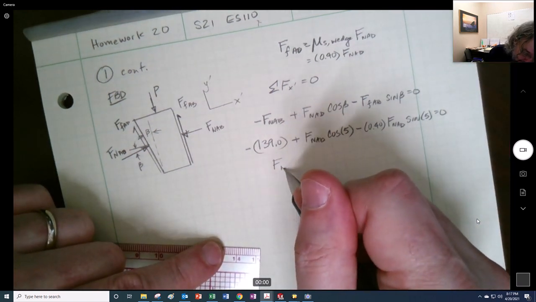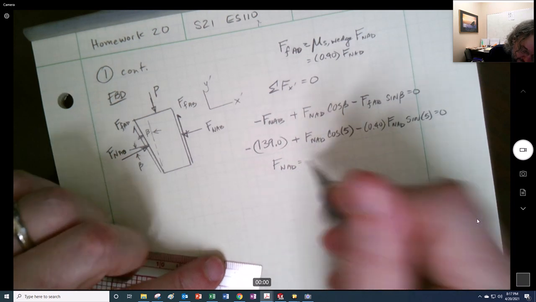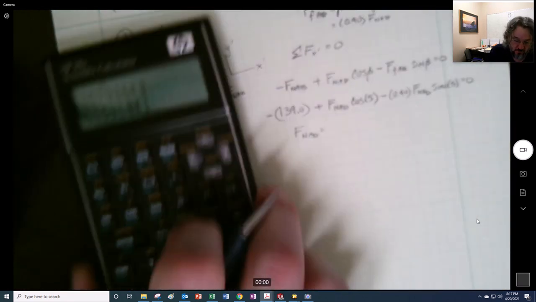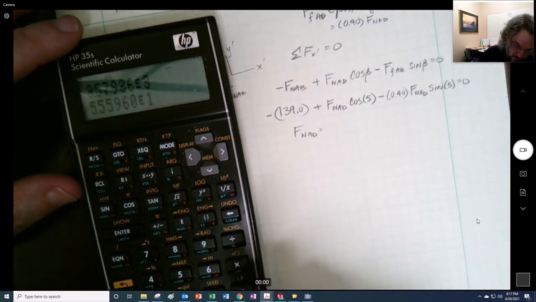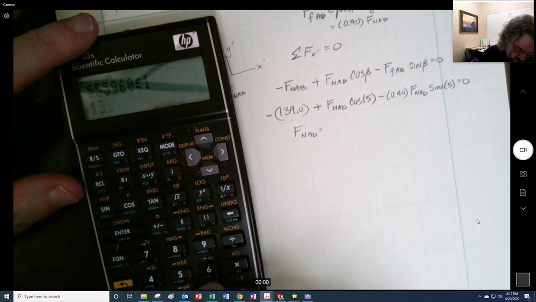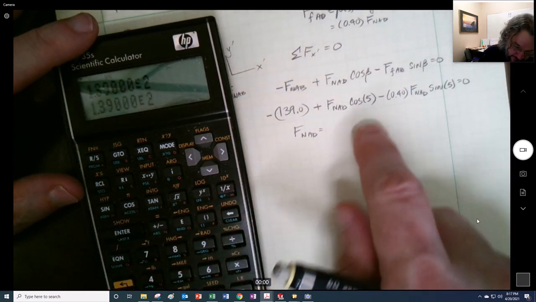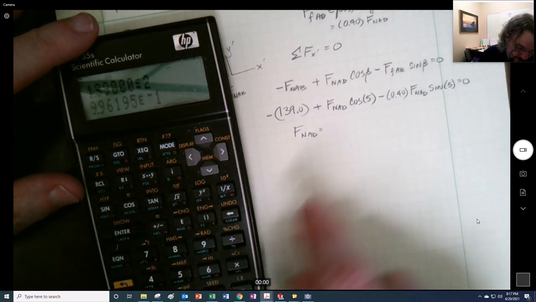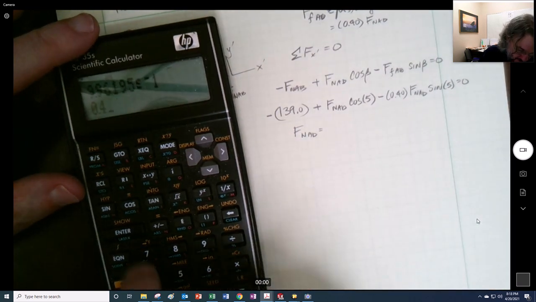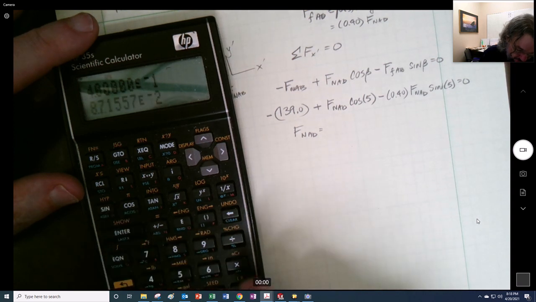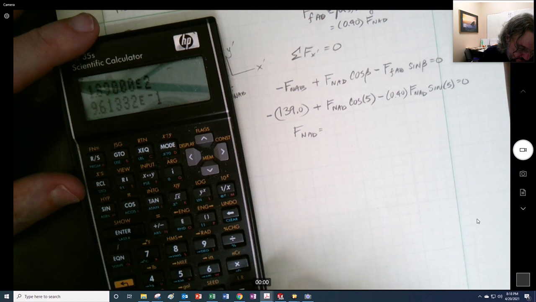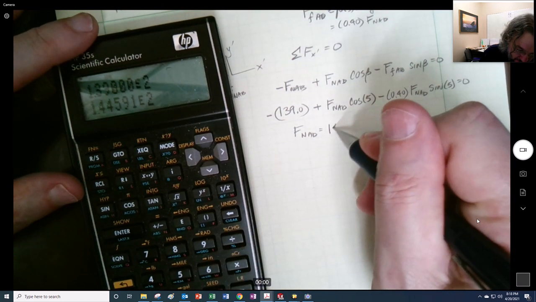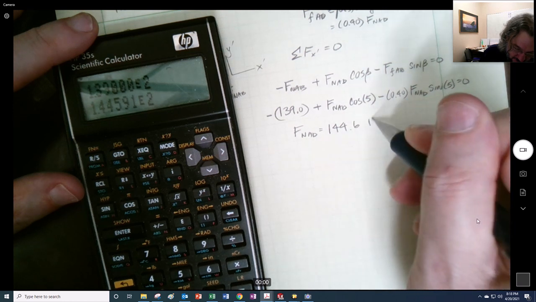So we can find FNAD. Yes, 139, and we'll take the cosine of 5 and the sine of 5 times this, but we're going to subtract that out, and we'll divide that by that, and we get 144.6 pounds.